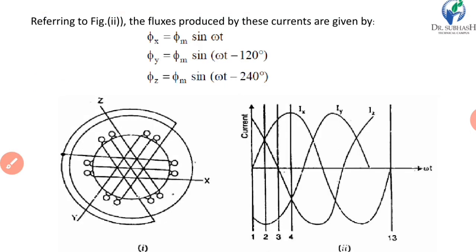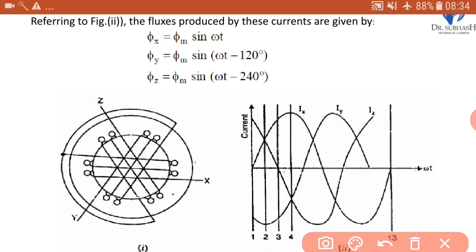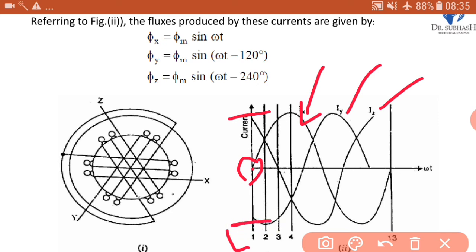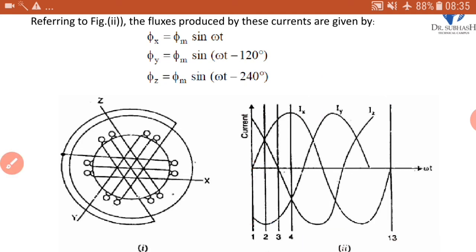Going back to the previous slide, here we can see at instant 1 the current Ix is 0, and currents Iy and Iz are equal and opposite. It means Iy is negative and Iz is positive, so both currents have the same value but opposite signs.